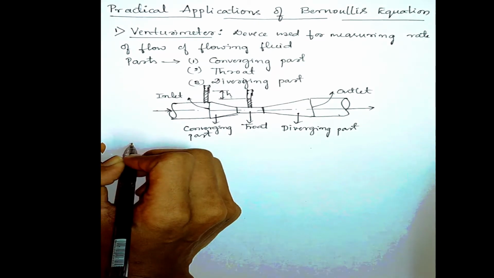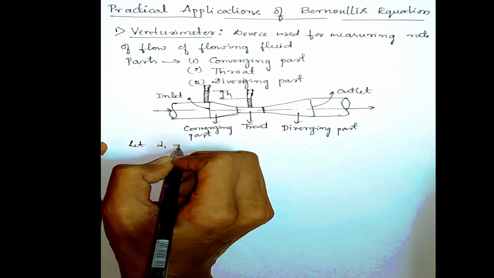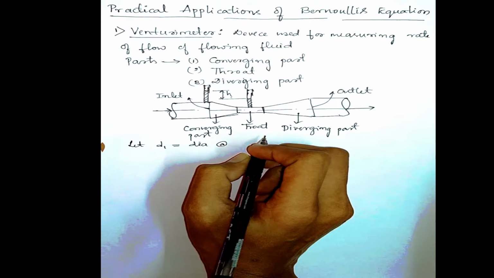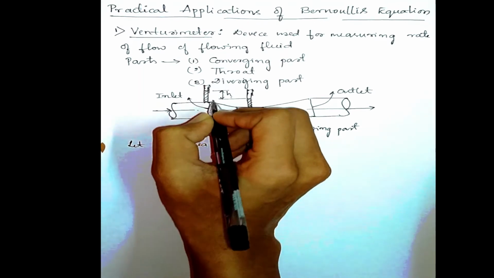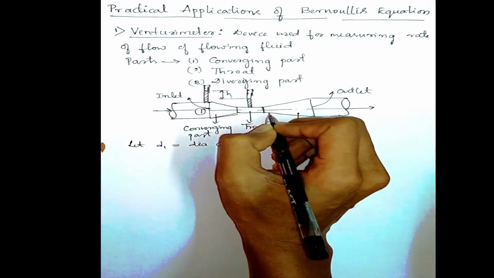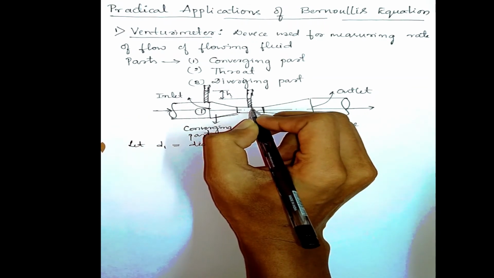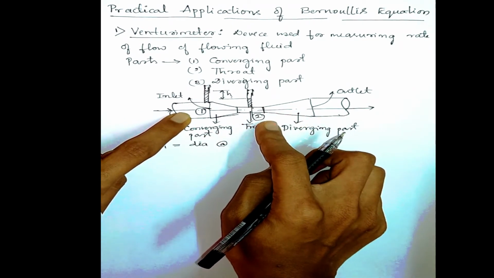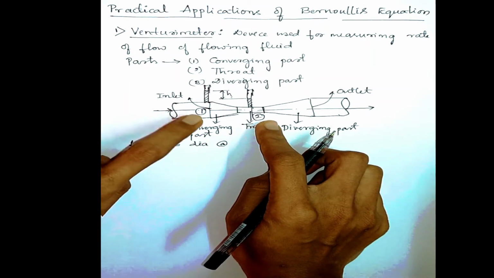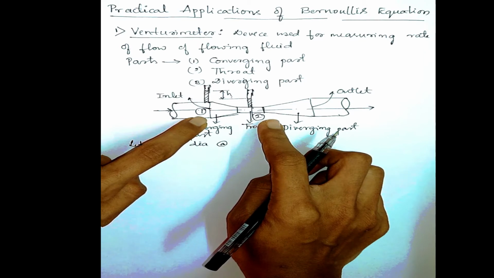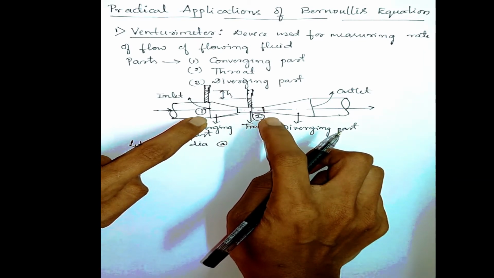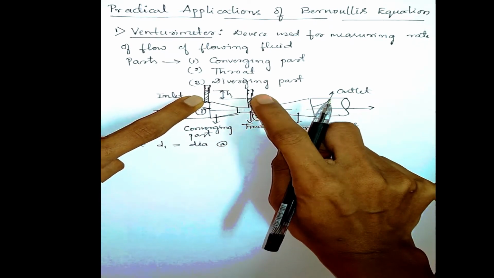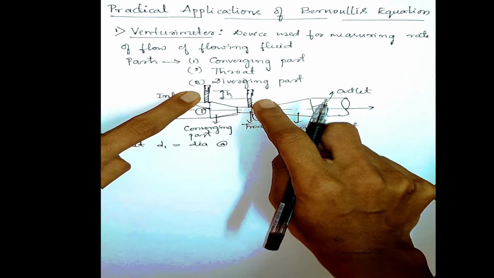To apply Bernoulli's equation, we have to consider two sections. The inlet is considered as section 1 and the throat is considered as section 2. At section 1 and section 2 we have installed two piezometers to measure the pressure head.